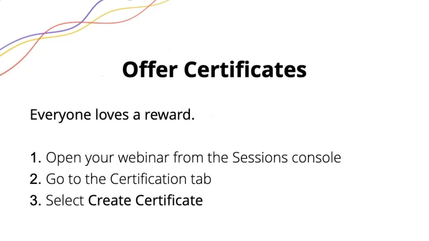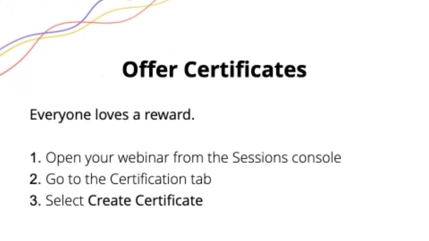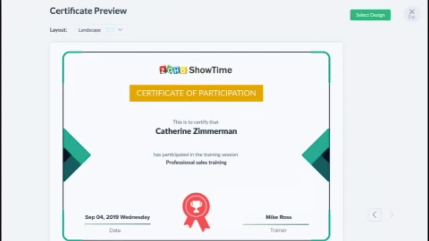Okay, another thing you can do to promote your webinars is offer certificates. In Zoho ShowTime, we give you all kinds of different certificate templates. Again, you don't really have to pay too close attention to the steps right there. That's really just more for later on when you get the slides. But you can go in and set up in the settings for your webinar a certificate that says, hey, thanks for doing the thing.